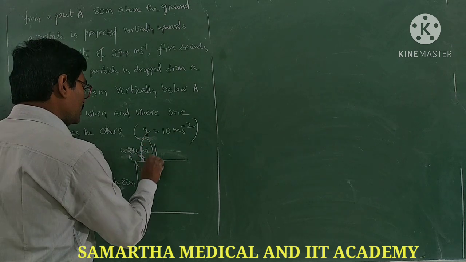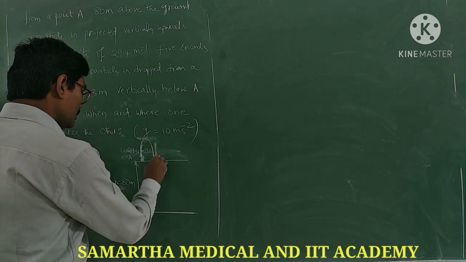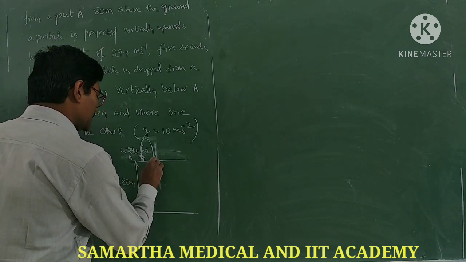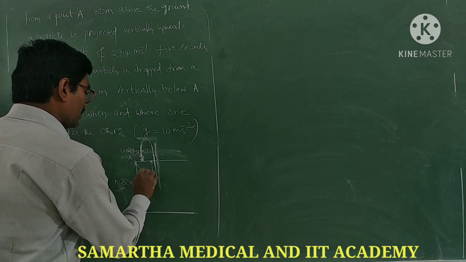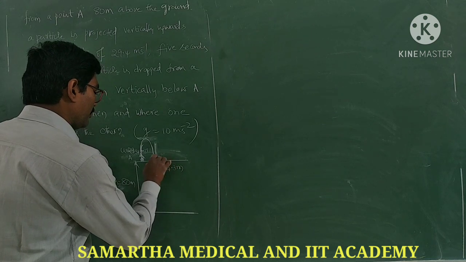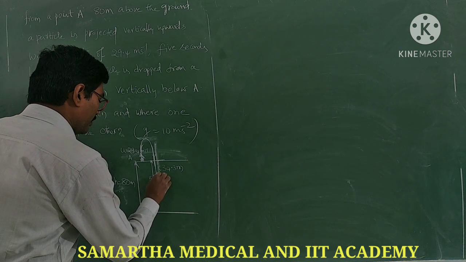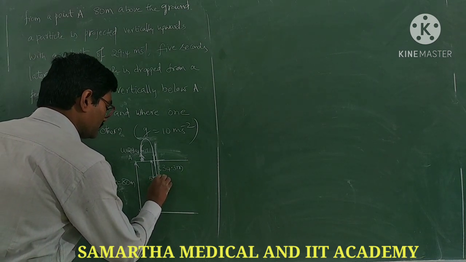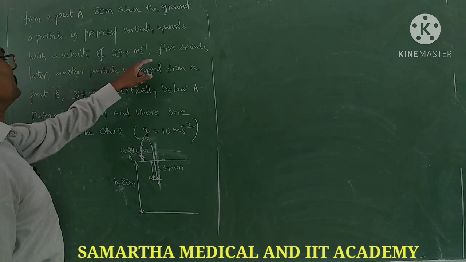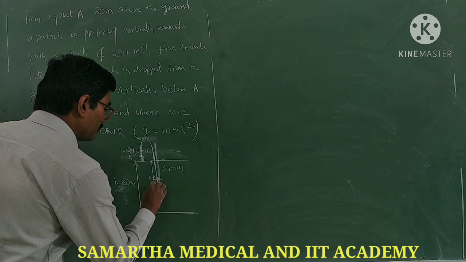So it is projected vertically upward, and it is coming down. While it is coming down, there is a point B, which is 34.3 meter below the point A. So from here they dropped a second one. 5 seconds later another particle is dropped. So initial velocity for the second ball is equal to 0.